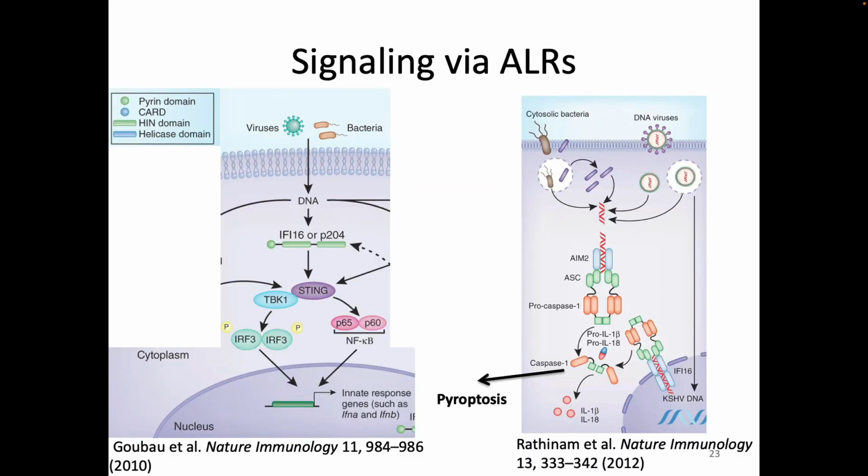One of them is that they can signal through a process that, oh my gosh, turns on IRF3. This shows them doing a little IRF and a little NF-kappa B, and that's really true. I've been oversimplifying to say it's always one or the other. In reality, it's a little of both. But they do turn on IRF signaling.